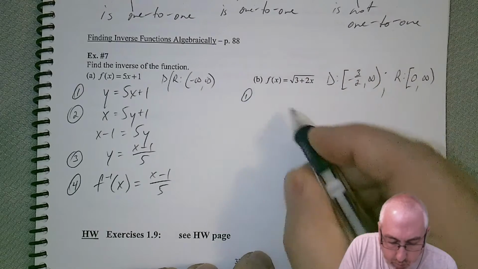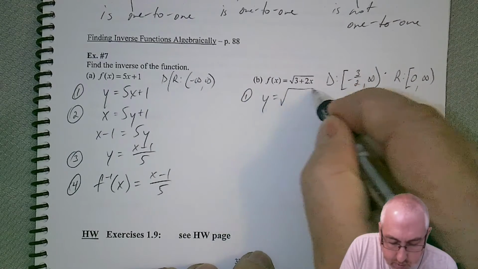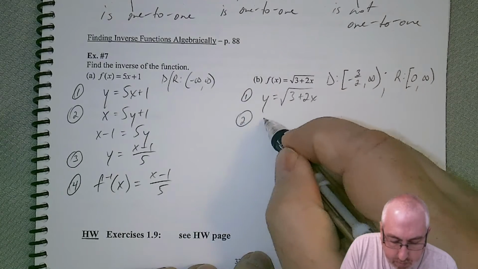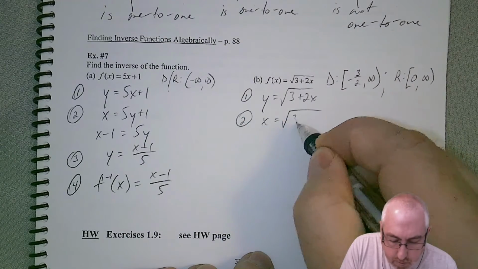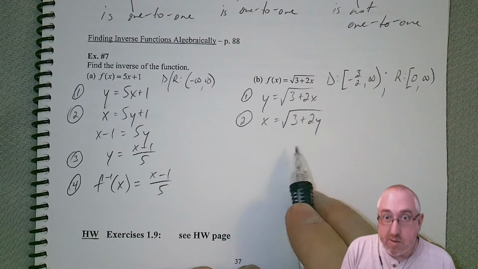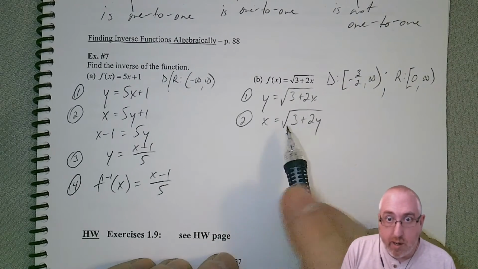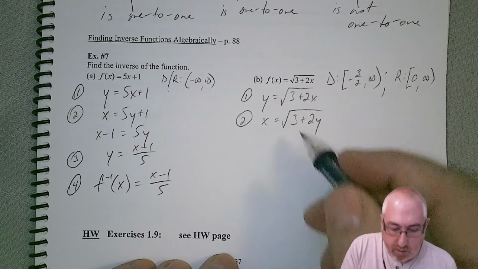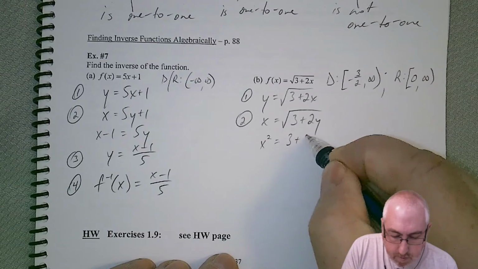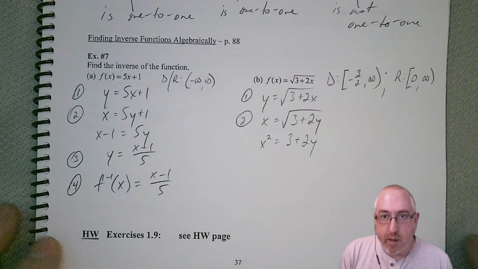So step 1, remember, is to just replace. Step 2 is to swap. And step 3 is to solve. Well, we've got to get rid of that square root, so we're going to have to square both sides. And now it's pretty quick.